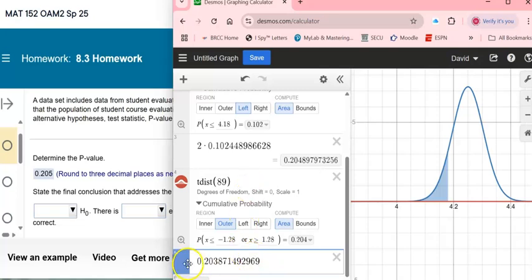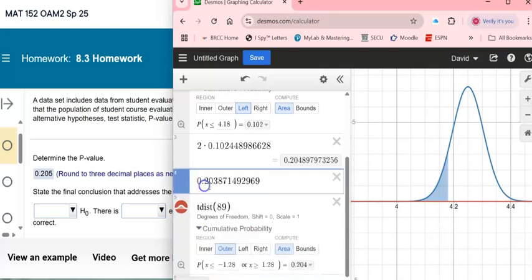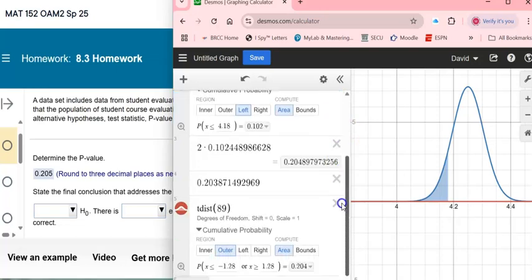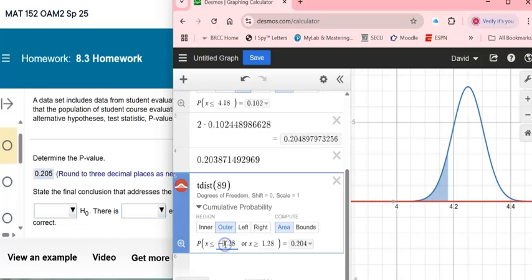Now the only difference in these is the procedure, so you can see this would be 0.204, this is 0.205. The reason why they're off, number one, is because I rounded. If I would have used all of this instead of rounding it, it would have more values. And the upper one, the same thing.